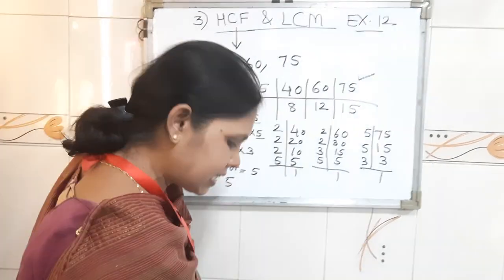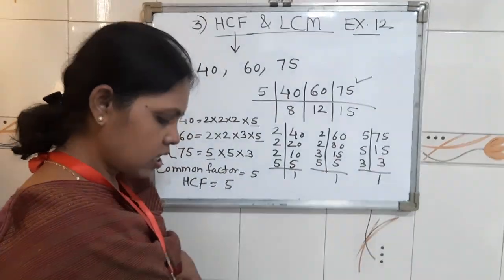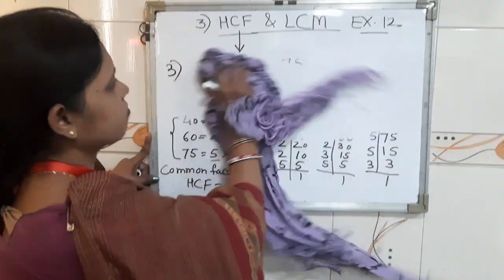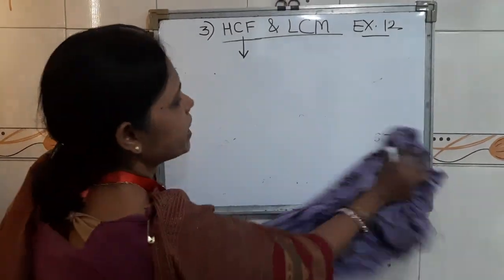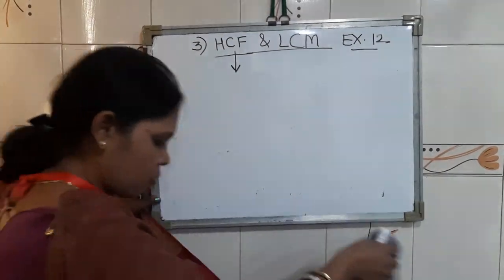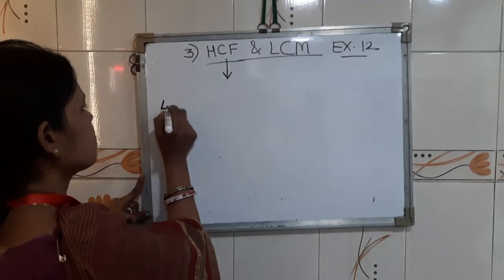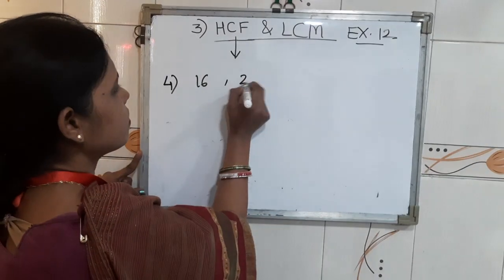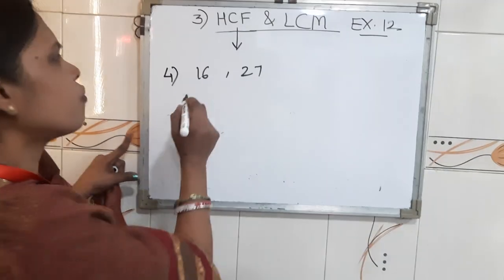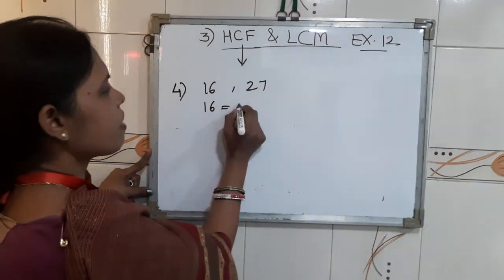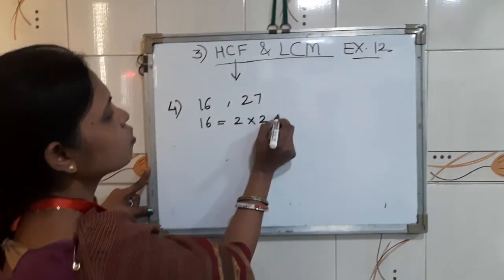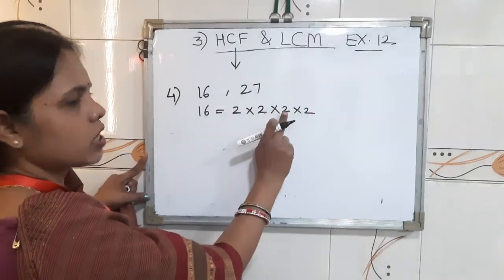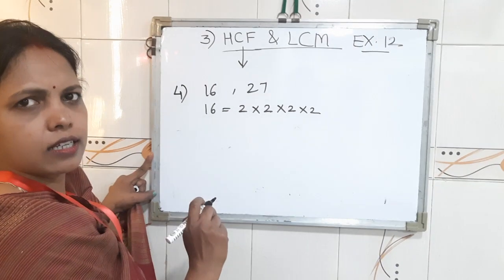Now we will take the next question, that is 16 and 27. Our next question is the fourth one, that is 16 and 27. So children, for 16 you have the factor 2 into 2 into 2 into 2. 2 2s are 4, 4 2s are 8, 8 2s are 16.